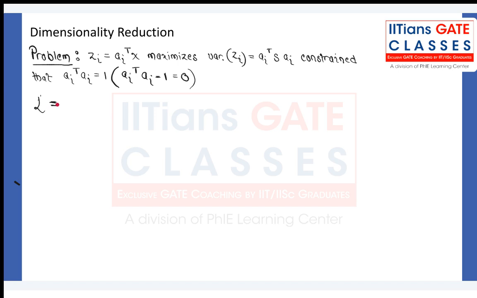We are trying to maximize AI transpose S AI, minus, what is the constraint? Lambda times AI transpose AI minus 1. So lambda is called the Lagrange multiplier.